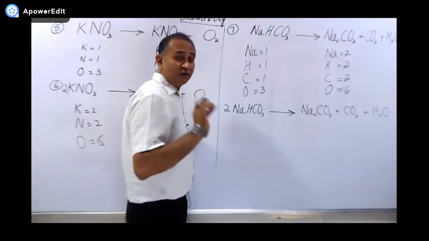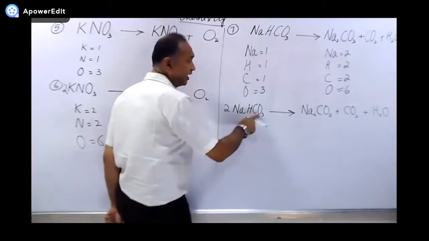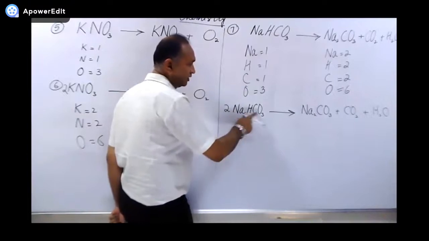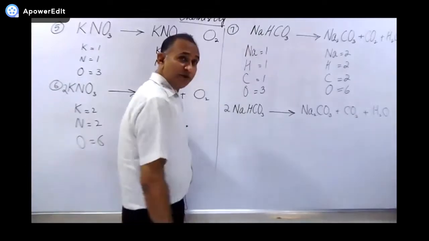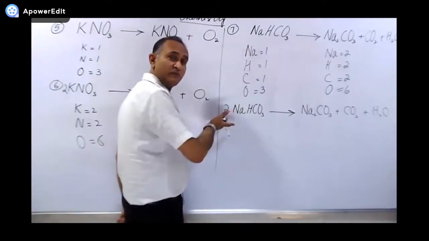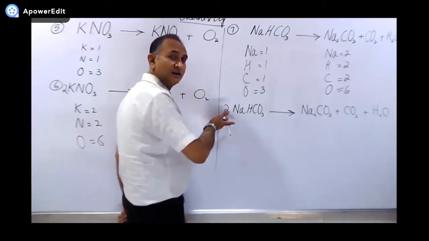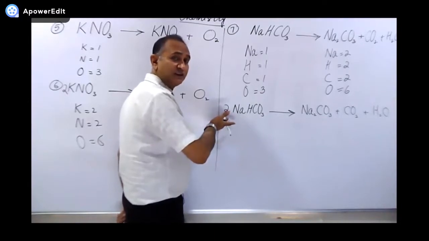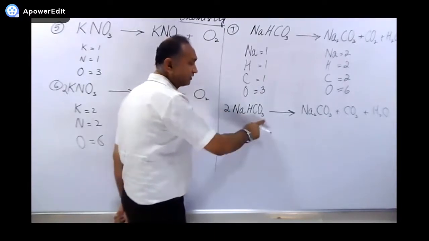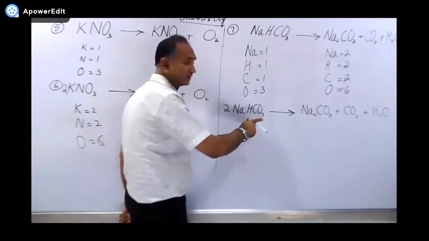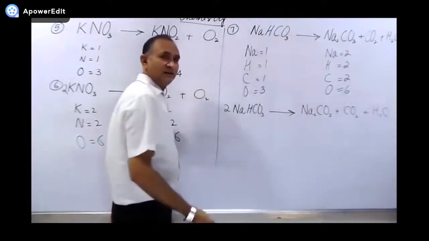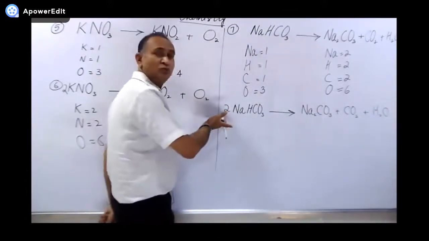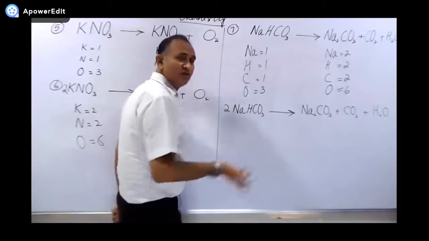You have to put a lot of effort. Anyway, two carbons, one and one, two carbons. Carbon is also balanced by writing this two. And what about oxygen? Two threes are six oxygen. 3, 4, 5, 6. So just by writing this two, we have balanced the equation.